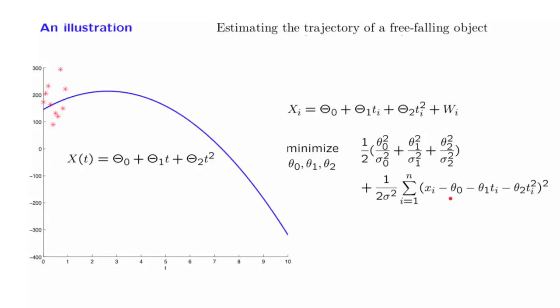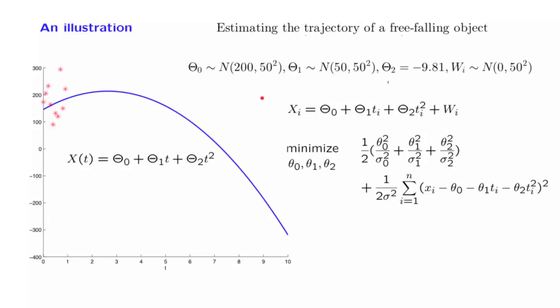Now, for the purposes of this illustration, actually we will change our assumptions a little bit. They will be as follows. Regarding the acceleration, we will take it to be a constant. The acceleration term often has to do with gravitational effects, which are known, so we will treat theta 2 as a constant, and that means that there is no point in having a prior distribution for theta 2. So this term here, which originated from the prior distribution of theta 2, is going to disappear.